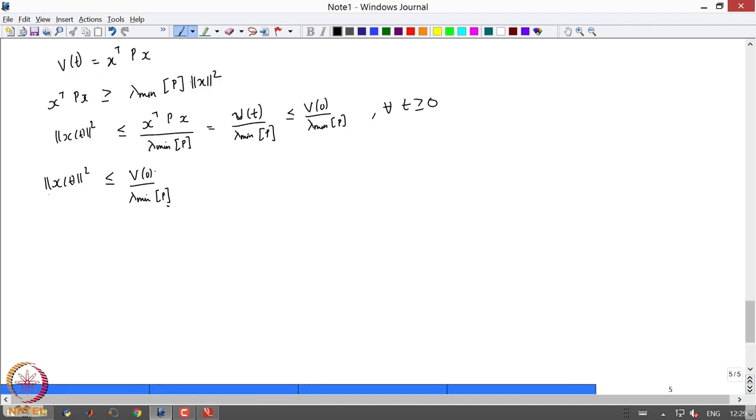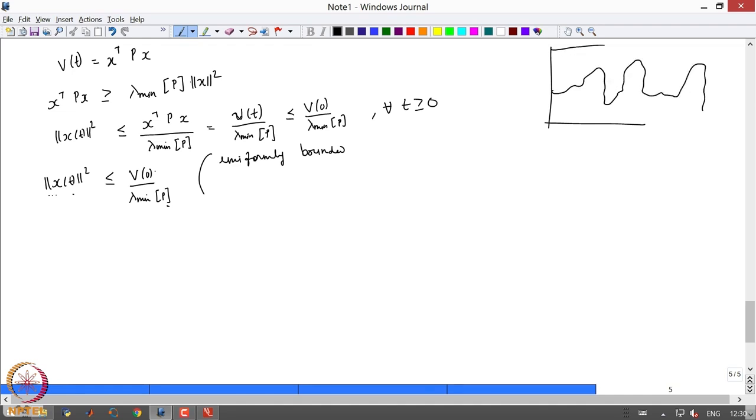Now, what does this tell me about the solution? It tells me that the solution is uniformly bounded. Whatever happens, maybe they start here, they go here, the solutions will always be bounded by this number here, V0 by lambda min of P. So, this is uniformly bounded, and therefore, I can at least now with this step say that the system is stable, marginally stable, so to speak.